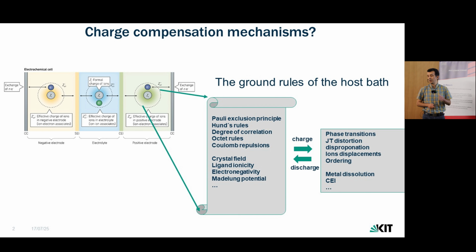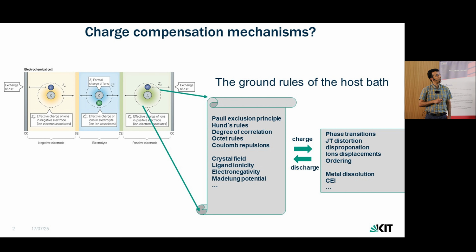Some of those rules we learn in high school or university are the Pauli exclusion principle, Hund's rule, degree of correlation, and so on. This is what we call the primary rules, and there are also secondary rules when those collaborative processes occur, which are crystal field splitting, ligand ionicity, electronegativity, and so on.